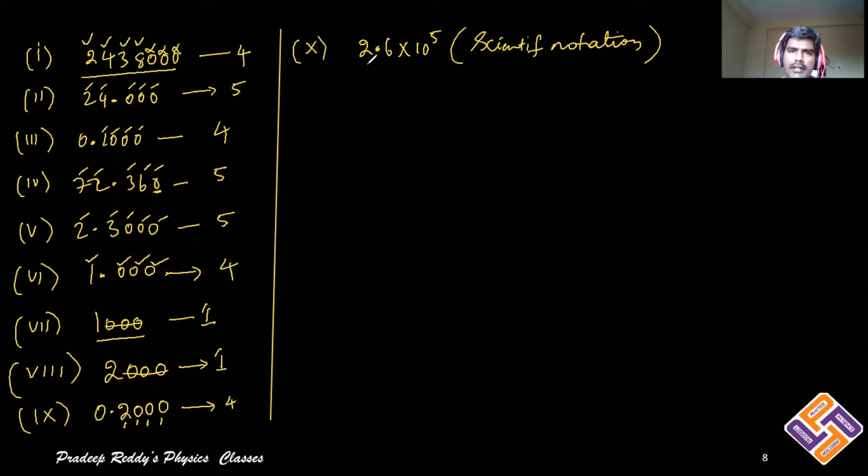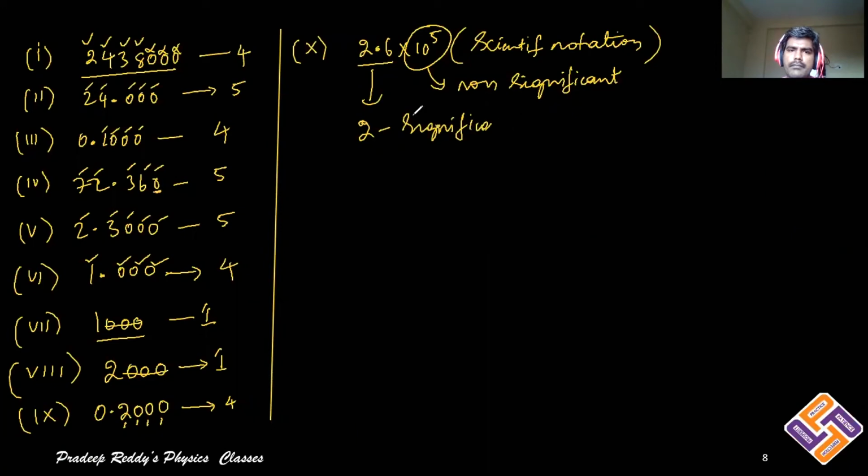So whenever you get these kinds of measurements, remember that this is not at all counted as significant. Only these are counted as significant. So how many significant figures are there? Only 2. Two significant figures.